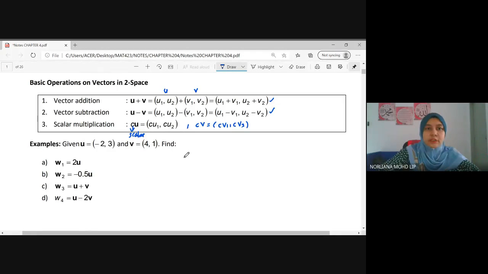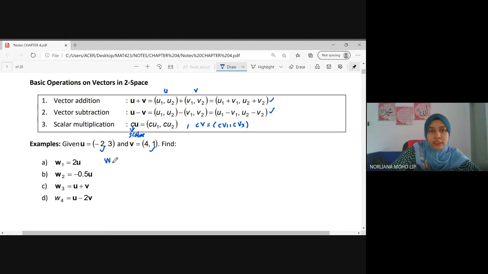For example, let u equal to this vector and v equal to this vector. Find vector w. W1 equals 2u, 2 times vector u. We just use the third operation, scalar multiplication, multiplying vector u with 2.